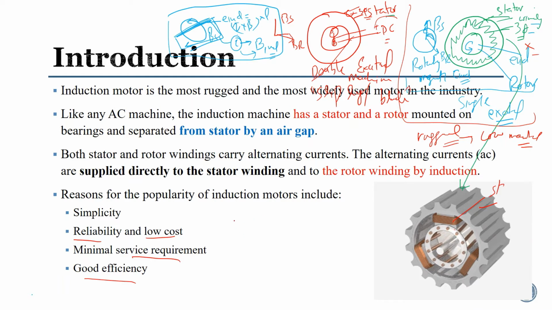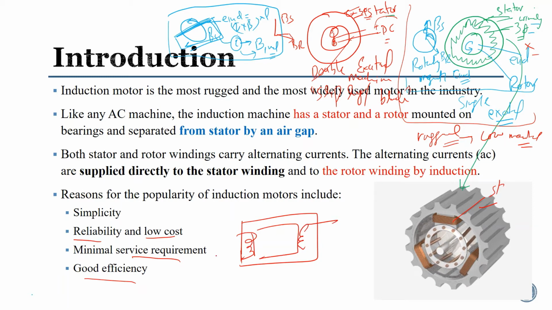This induction of voltage in the rotor is similar to the concept we studied in chapter 2, the transformer. In the transformer we have a primary winding, a core, and a secondary winding. The voltage from the primary winding is induced in the secondary winding.